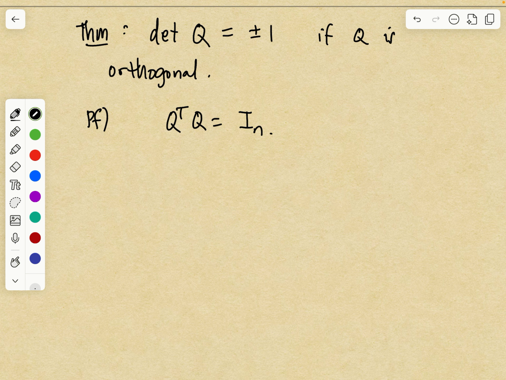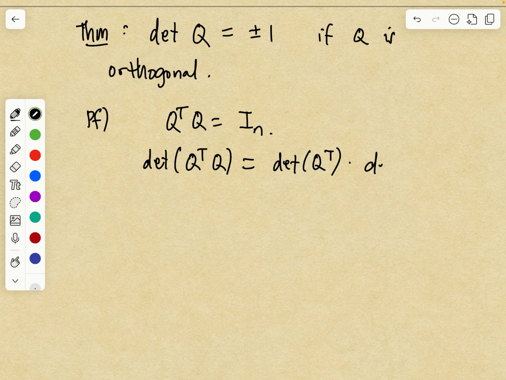Well, Q and Q transpose are both n by n matrices. And we know this fact about the determinant: I have a product of two square matrices, and I can say something about the determinant. The determinant of this product, Q transpose times Q, is the product of the determinants of the individual matrices.